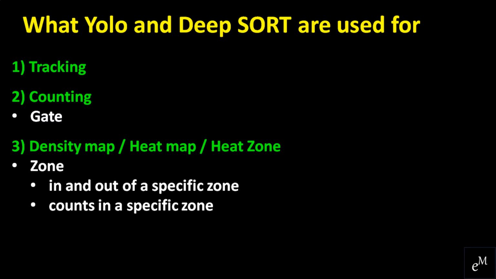For a density map, very often we will create a zone or a grid in such a way that we can count how many objects are going in and out of a specific area, and also how many objects are currently within a specific area. So let's go to the programming exercise to see how we could do that.